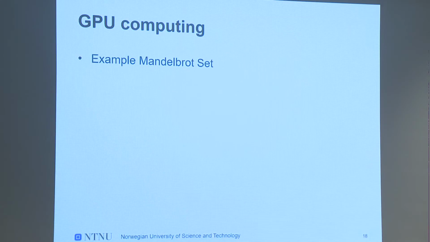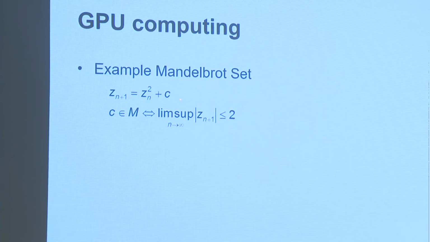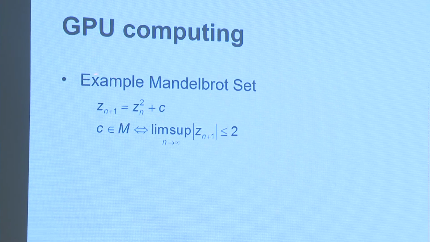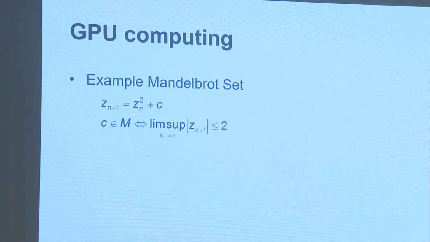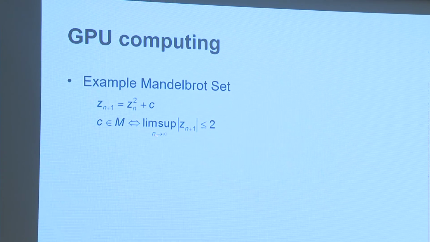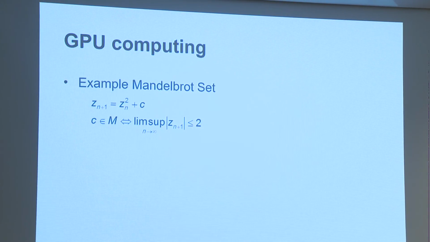Now, as another example, I took the liberty of using the MATLAB example, the Mandelbrot set, which is quite famous, and it's quite simply defined. It's a set of complex numbers which, if you add them, take the product and iterate on this, as n goes to infinity, the absolute value is smaller than 2.